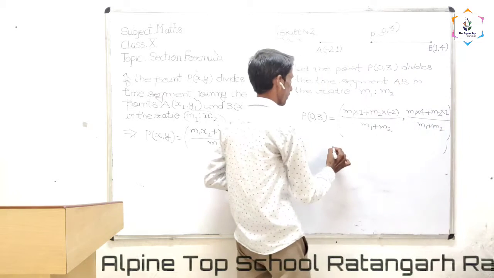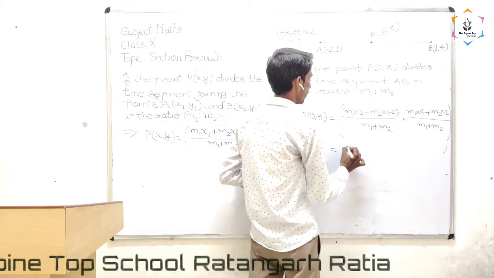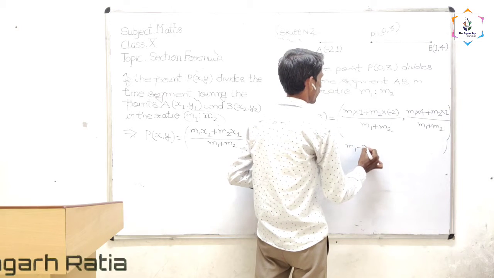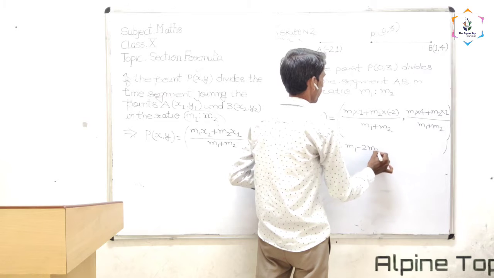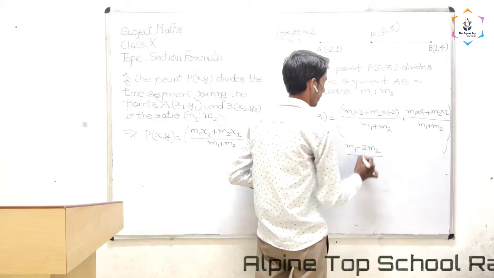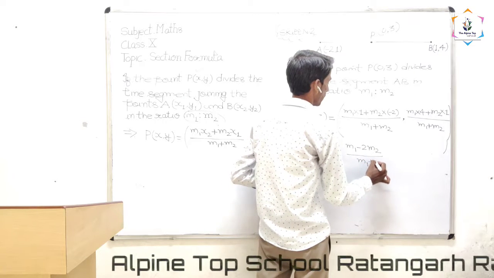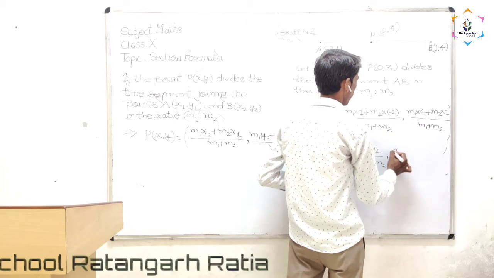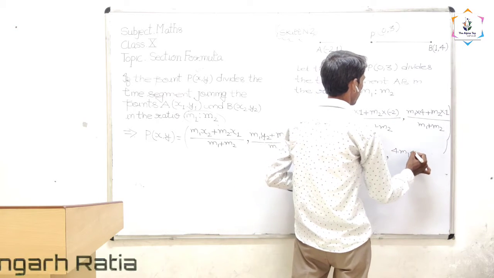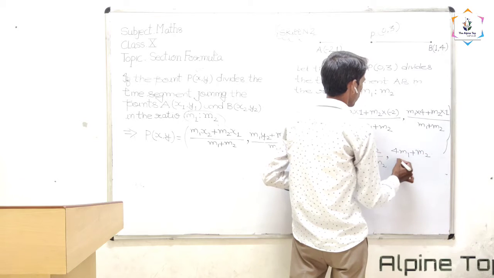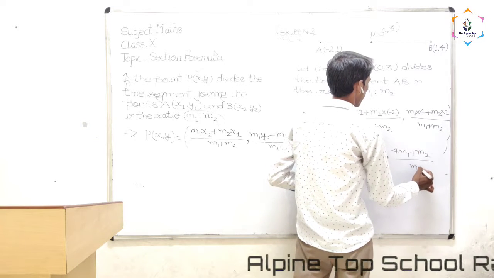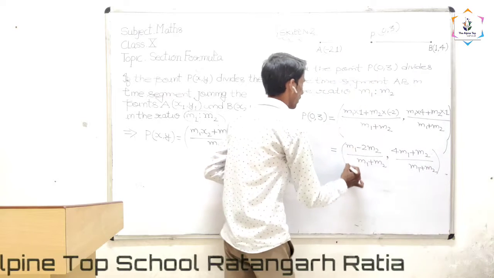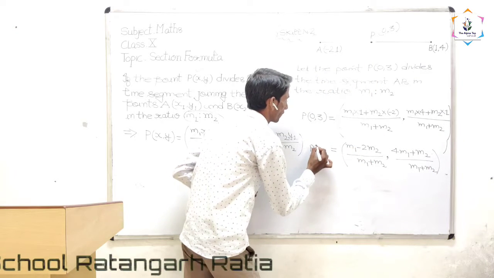Now do the calculation. The x coordinate is (m1 into 1, plus -2 into m2) by m1 plus m2. The y coordinate is (m1 into 4 plus m2) upon m1 plus m2. This is the stage.